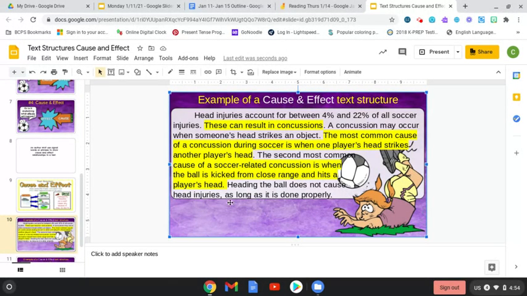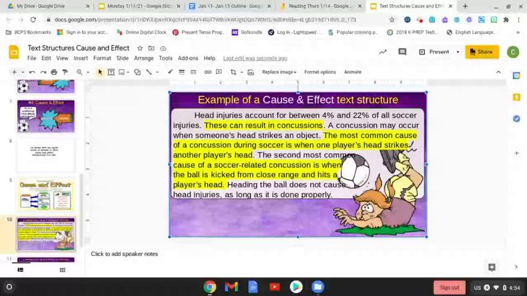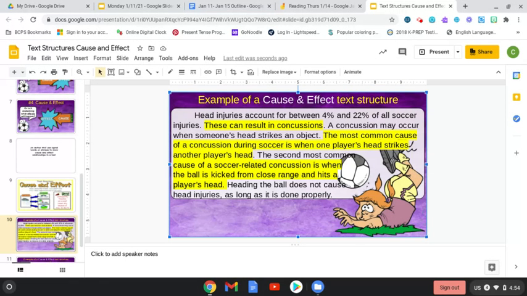Heading the ball does not cause head injuries as long as it's done properly. When they're talking about heading the ball, they're talking about when they bounce the ball on their head, and they're trying to explain to you that just doing that on its own is not a cause for concussion, but it's when accidents occur and the person is getting hit in the head really hard with the ball or with another player's head.